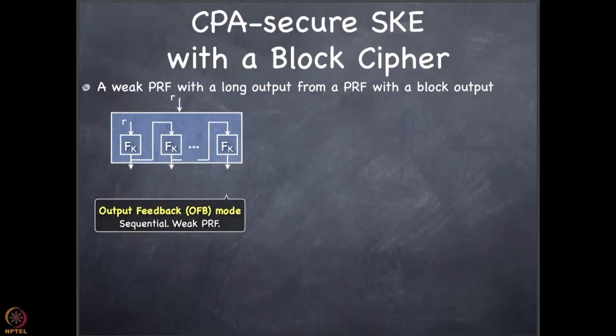Suppose it feeds an R, first R is say arbitrary, it gets 2 outputs, say A comma B. And now suppose it feeds this A as a next query. It will give something C comma D. What can you say about this C comma D and the original A comma B?